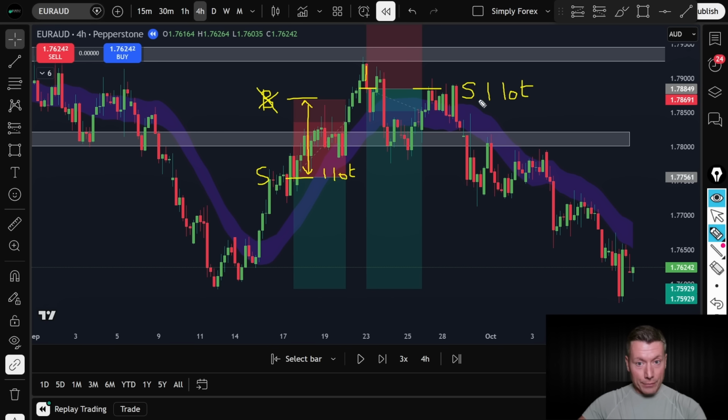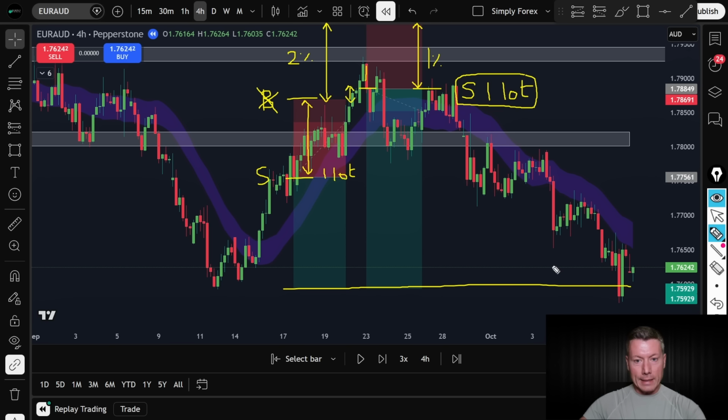And at this point, this stop loss now became a roughly 2% risk. And because I entered another sell trade here, we risked another 1% here. So I end up risking 3% minus this small profit that we took between here and here, which was 0.2%.